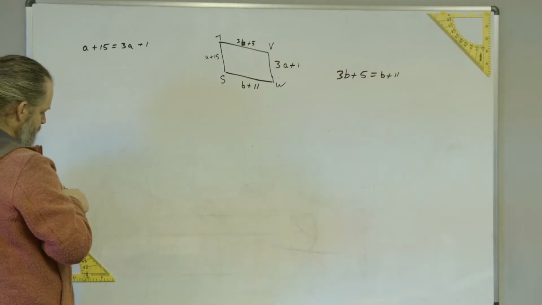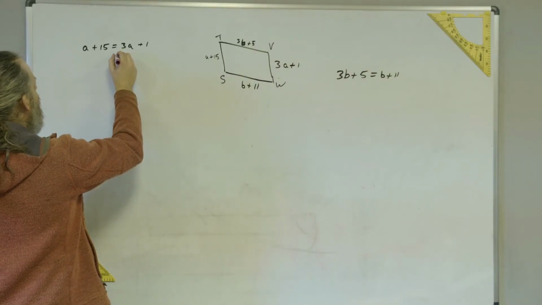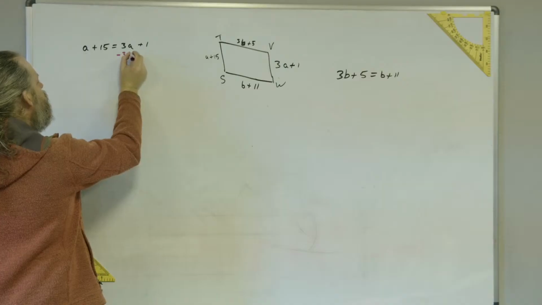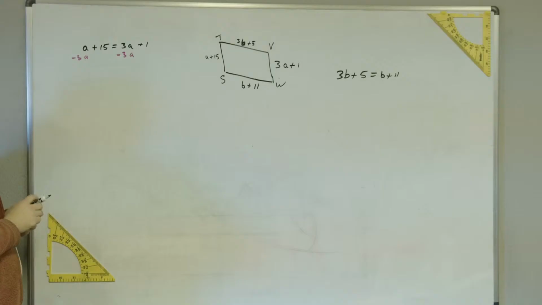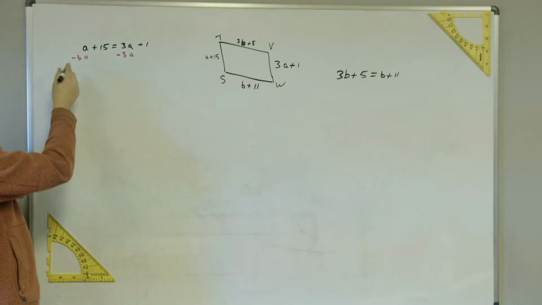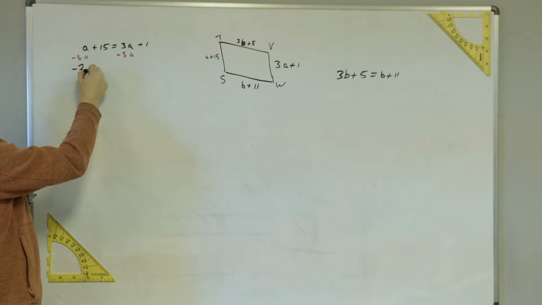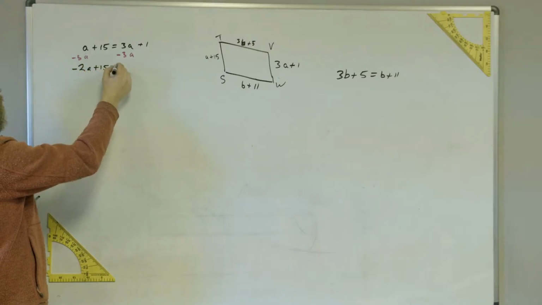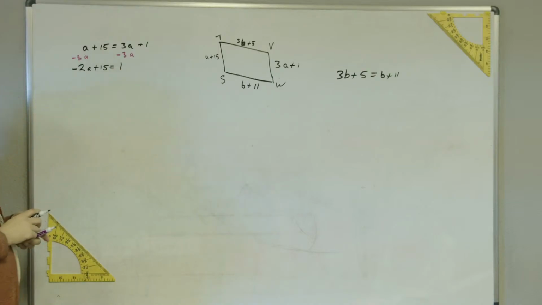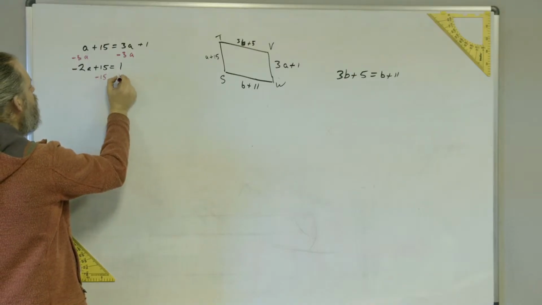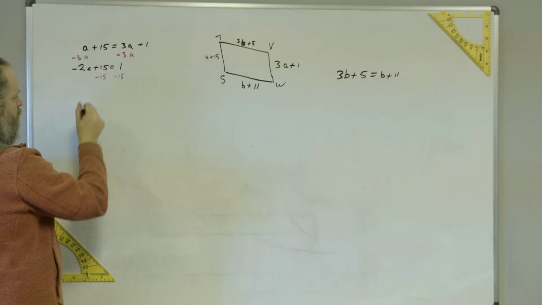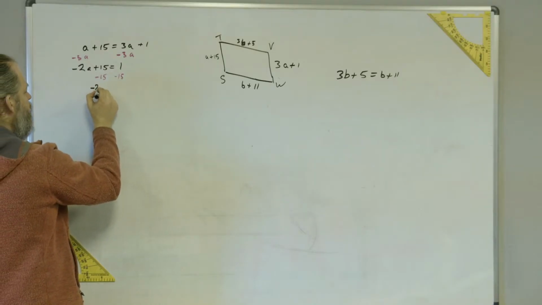Subtract the 3a is fine. What's a minus 3a? Now what? What's 1 minus 15?